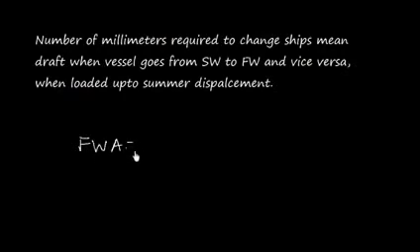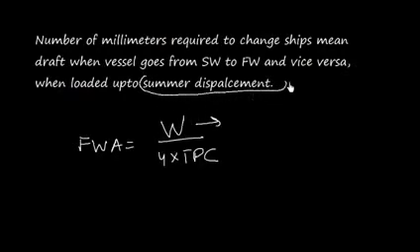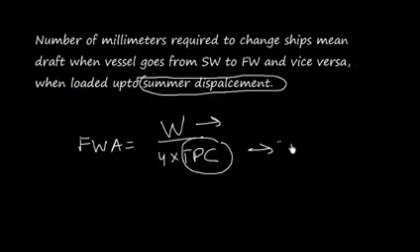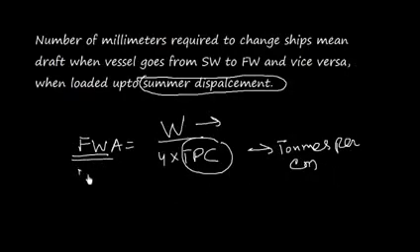Fresh water allowance is equal to W divided by 4 into TPC, where W is the summer displacement and TPC is tons per centimeter, and this fresh water allowance is given in millimeter.